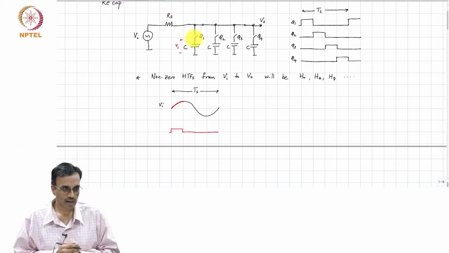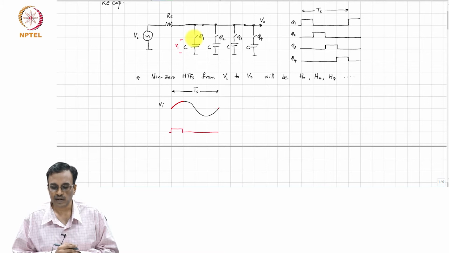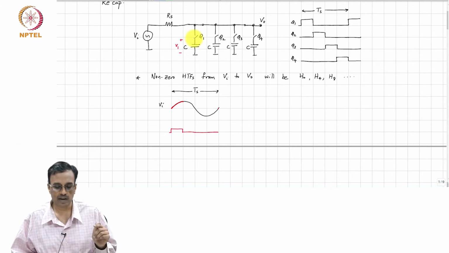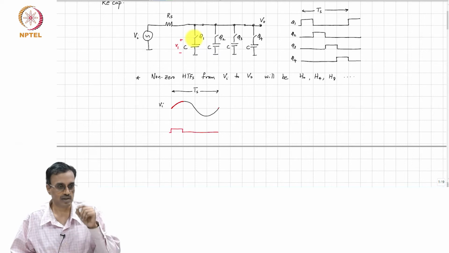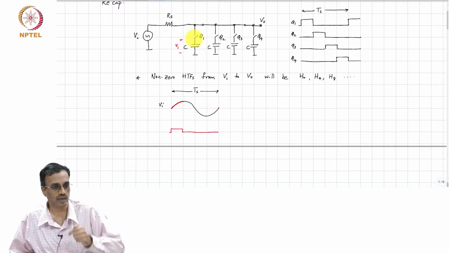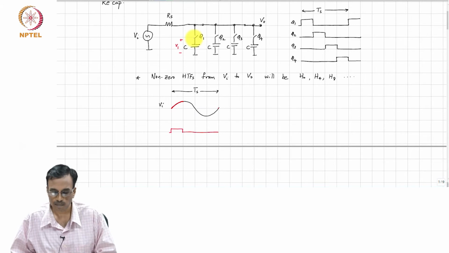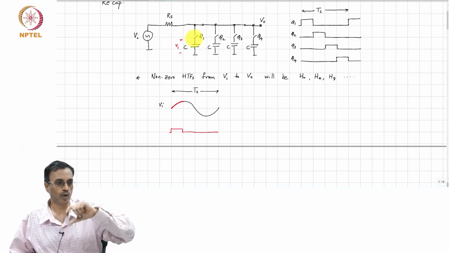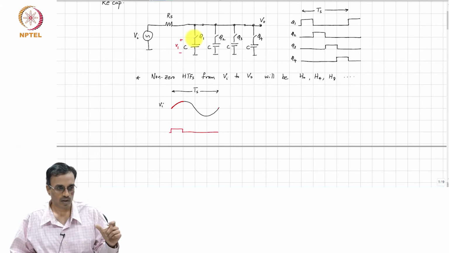So, basically there are two mechanisms that are happening to establish the voltage across the capacitor. One, the input voltage is trying to charge the capacitor through this resistor R_s, and two, whatever voltage is there on the capacitor is going to get discharged through R_s.